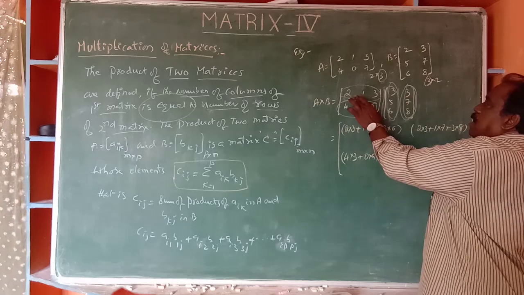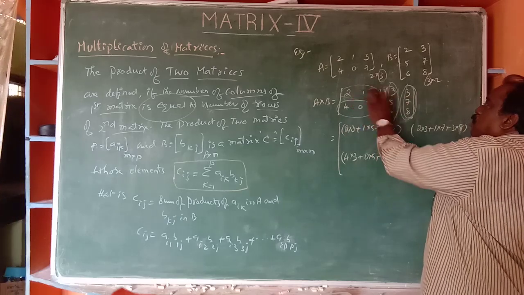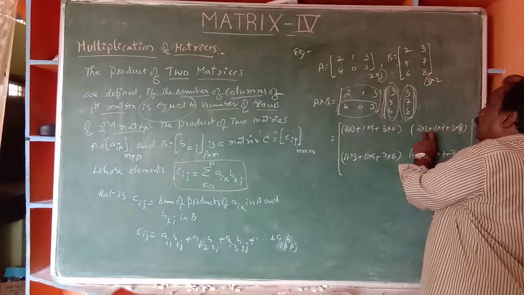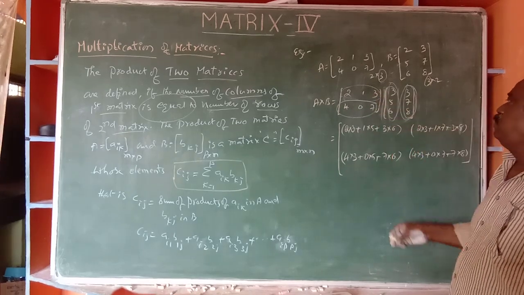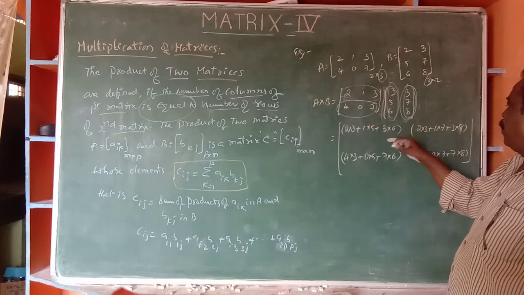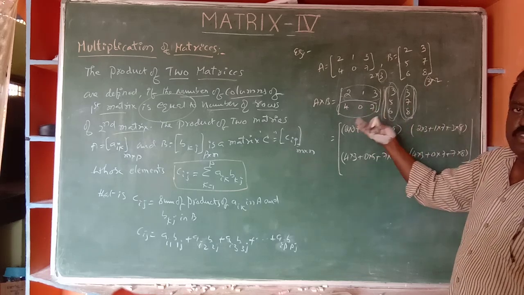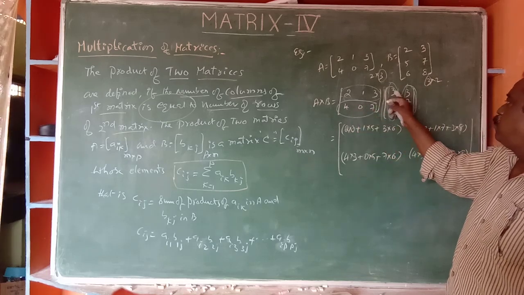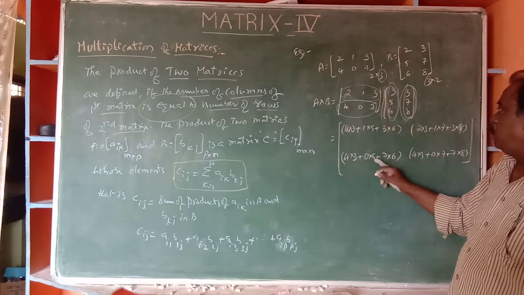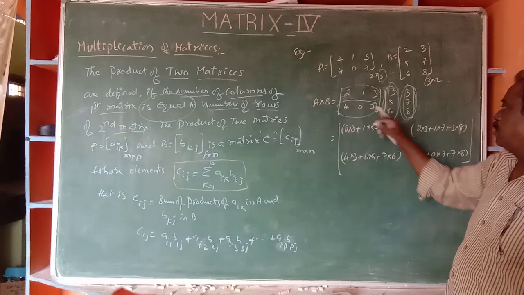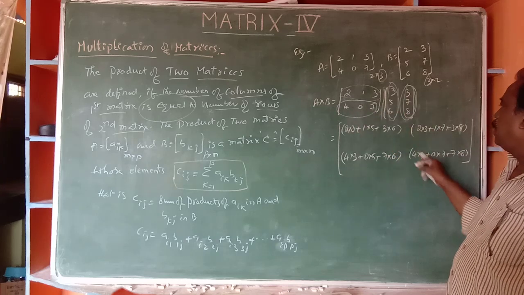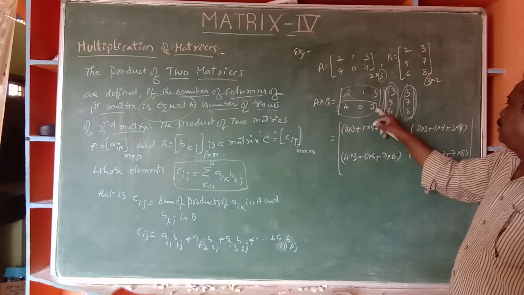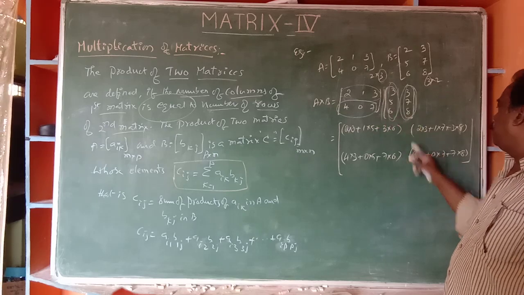Again the first row, second column: 2 into 3, 1 into 7, 3 into 8. That is the first row. We come to the second row, first column: 4 into 3, 0 into 5, 7 into 6. Again the last, second row, second column: 4 into 3, 0 into 7, 7 into 8.